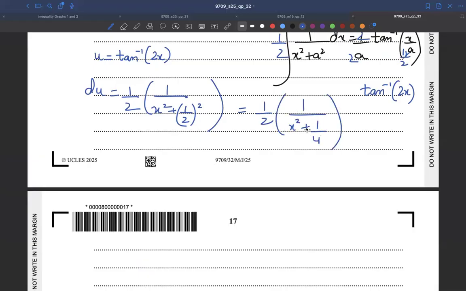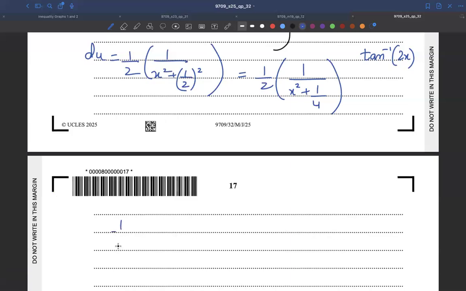Taking the LCM in the denominator, we'll get 1 upon 2 into 1 upon 4x squared plus 1 upon 4. This 4 will come up in the numerator. We will write it as 1 upon 2 into 4 upon 4x squared plus 1.